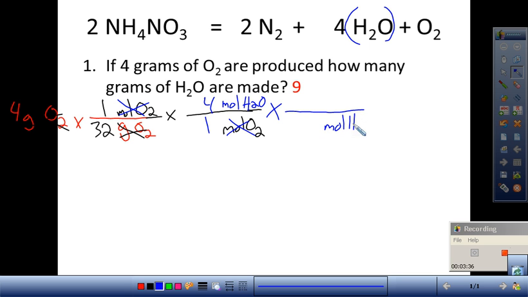Now, I don't want moles of H2O. I do want grams of H2O. Alright, so H2O on the bottom, H2O on the top. My grams, I have 2 hydrogens. I have 1 oxygen. I go to my periodic table. Hydrogen is 1. Oxygen is 16.